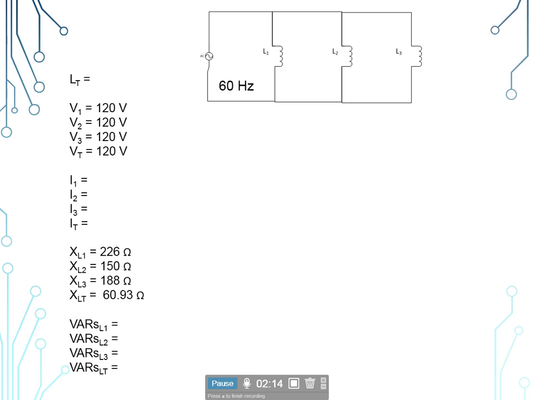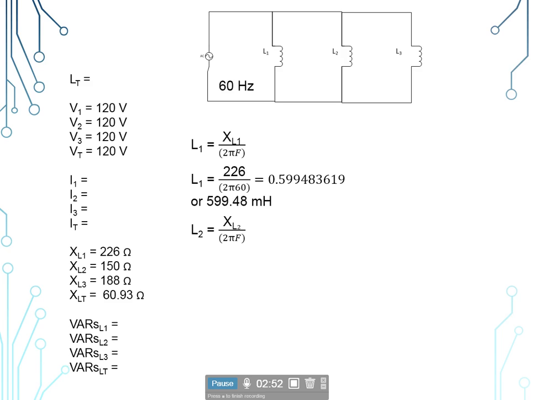Now we'll look for our inductances, and we'll have to manipulate the formula we used earlier. So our inductance is equal to our inductive reactance divided by 2 pi times the frequency. So for the first inductor, L sub 1 is equal to X sub L1 divided by 2 times pi times the frequency of 60 hertz, and X sub L1 was 226, which would give us 599.48 millihenries.